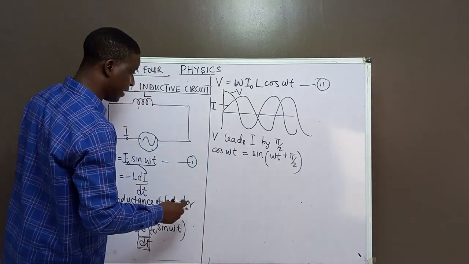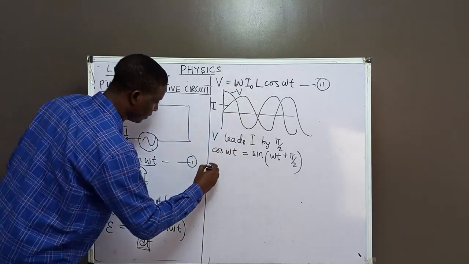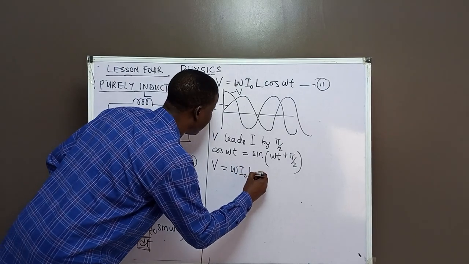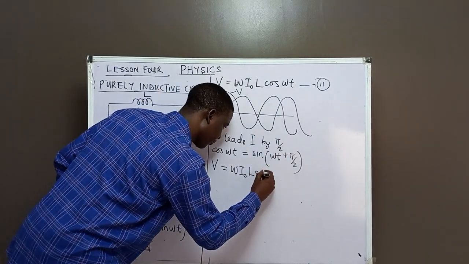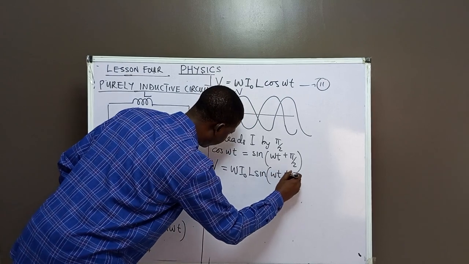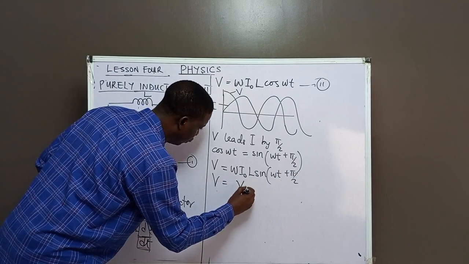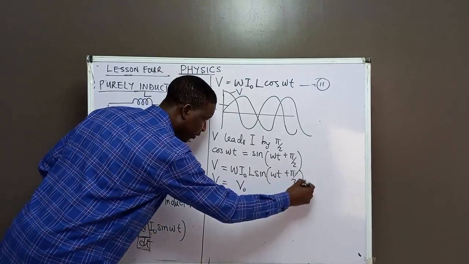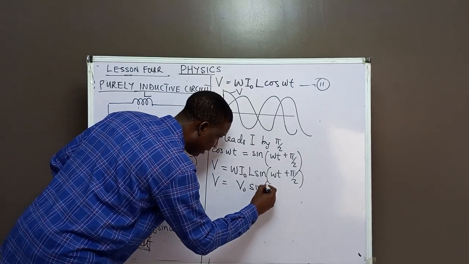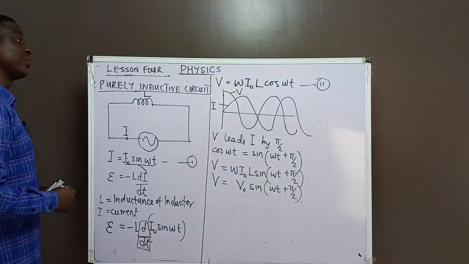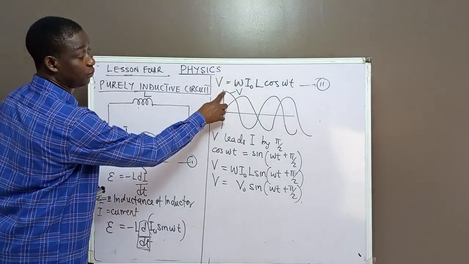Then let us compare: V equals omega I naught L sine of omega t plus pi over 2. Meaning that V is also equal to V naught sine of omega t plus pi over 2, according to our formula in lesson 1. Because there is a leading factor here, it doesn't start from the origin.